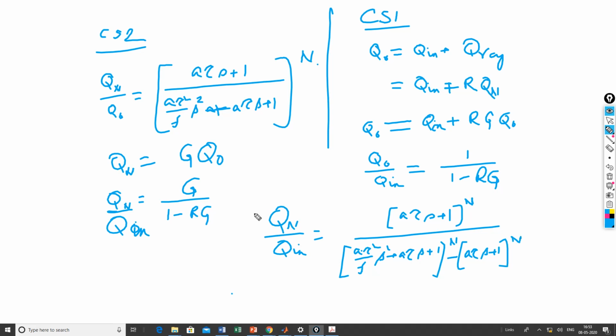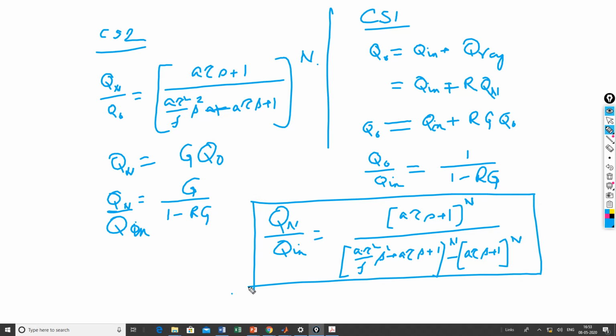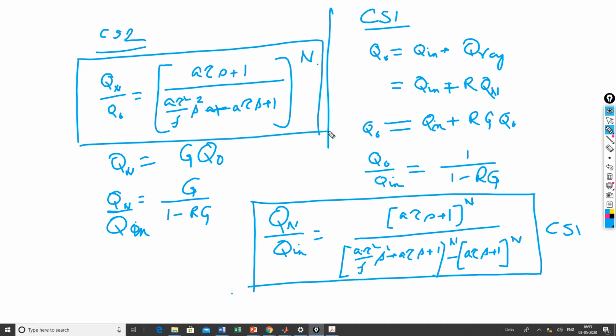So that's the transfer function that we get for CS1, and this is for CS2. So let's continue.